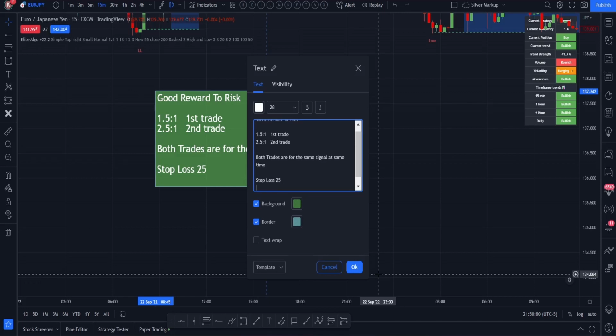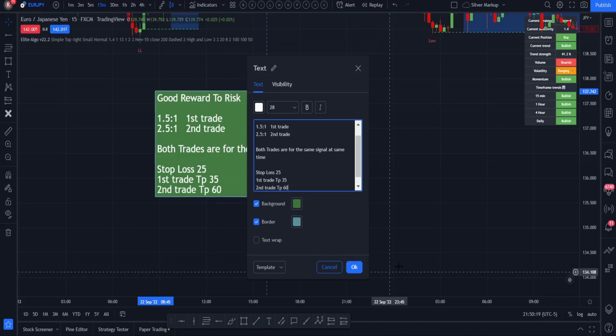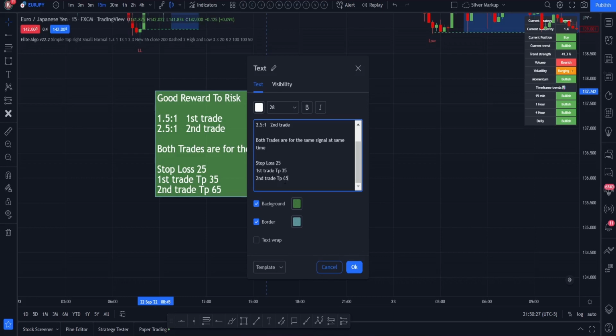The first trade's take profit will be 35. The second trade's take profit would be 60. So that's where I like to go within that system, and actually 65 is the correct number. So 35 and 65.